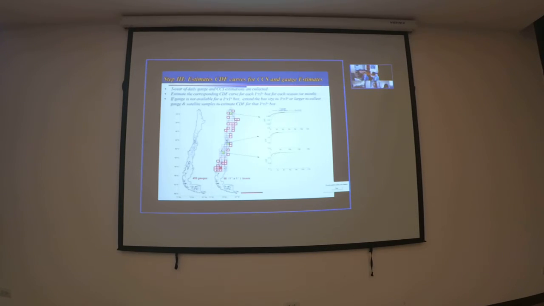And then for the box I put here, this is the red box without gauge available. What we do is extend the coverage to a much bigger area to collect the concurrent samples from the gauge to support the box.